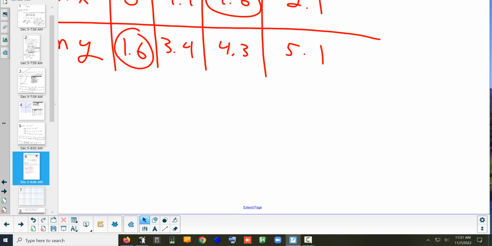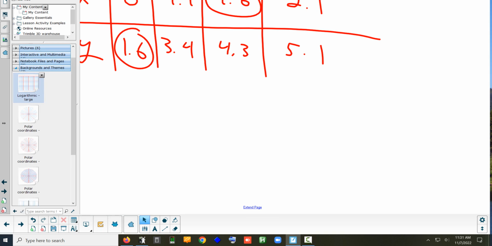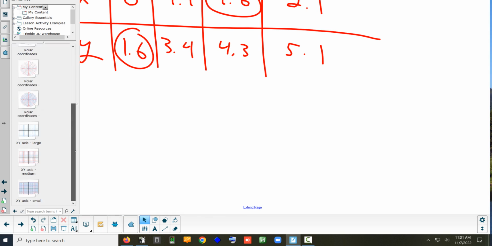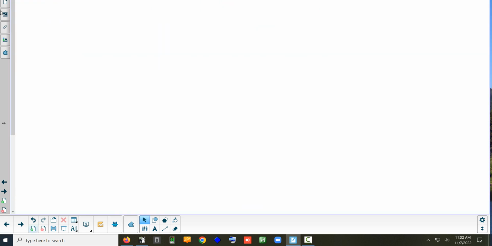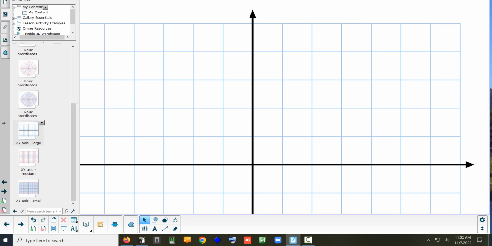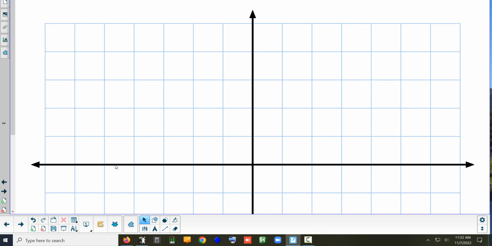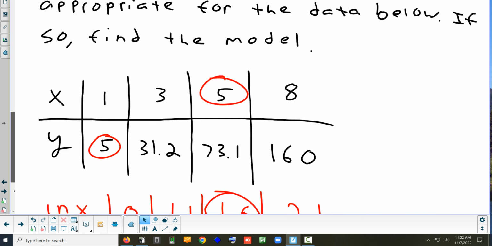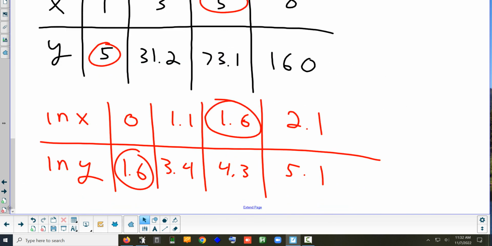So this part, I'm just going to do by hand. Do I have any y values or x values that go beyond 5? 5.1. That's it. We can deal with that.